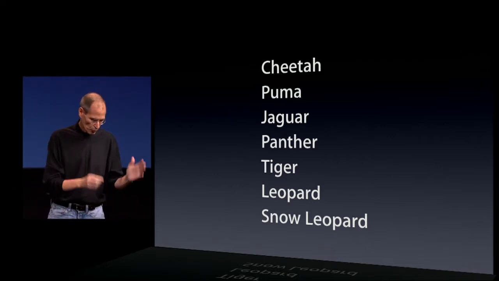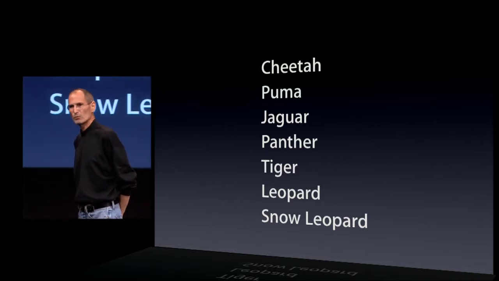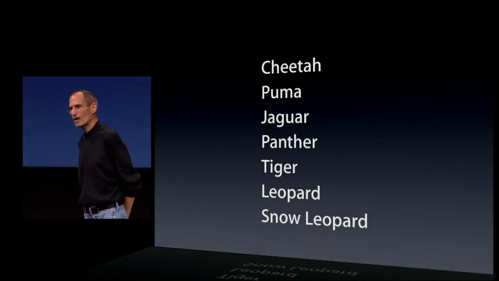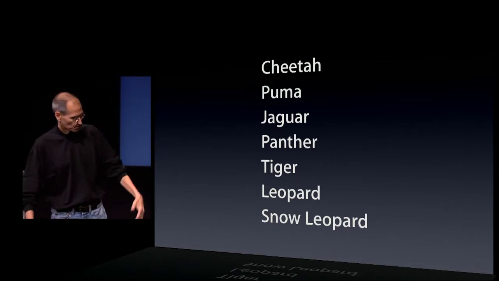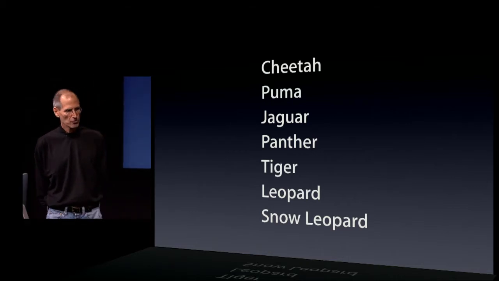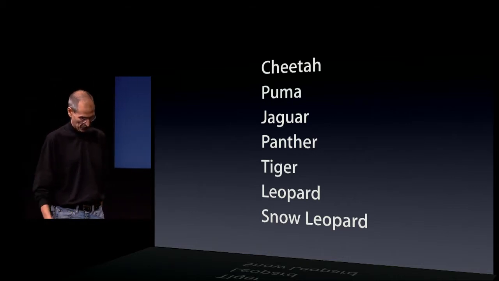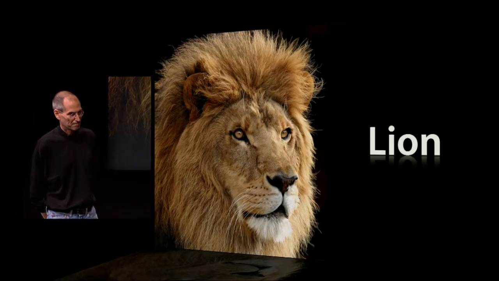And we've been improving it with every major release, and we're really happy with Snow Leopard. But we know how to take it even further. And so today, we are going to give you a preview of the 8th major version of Mac OS X, and we call it Lion.